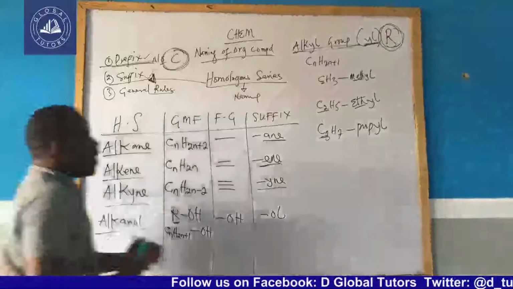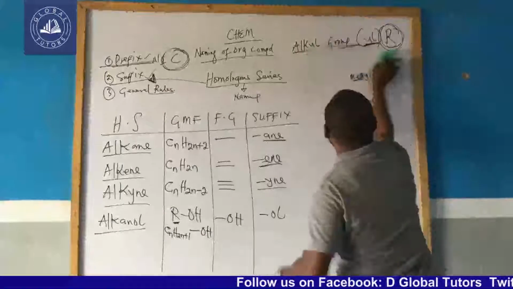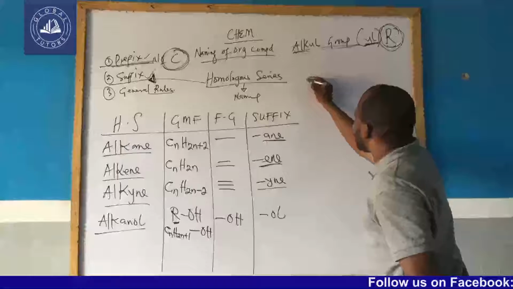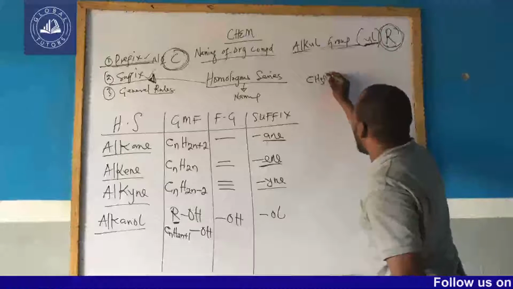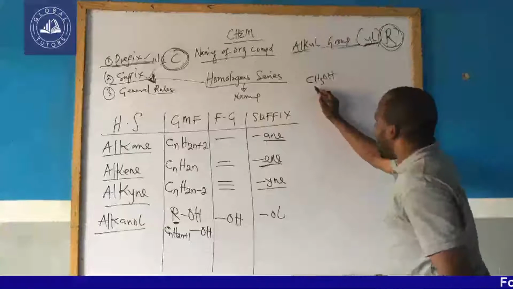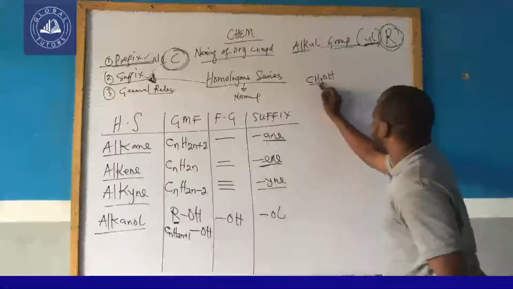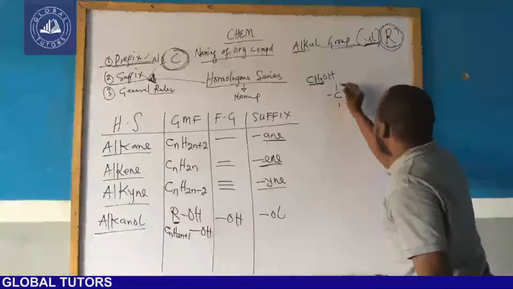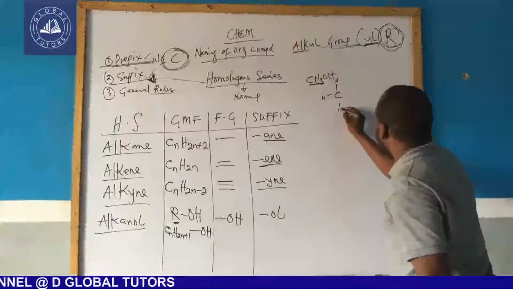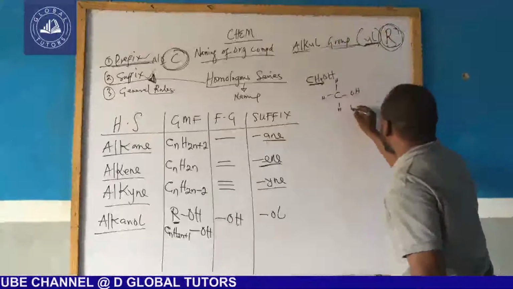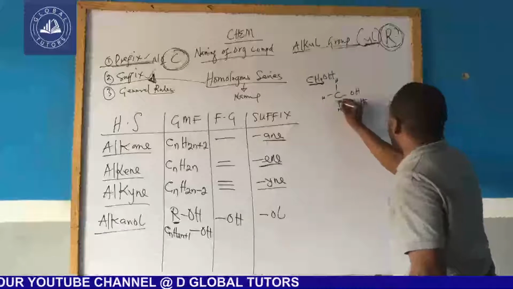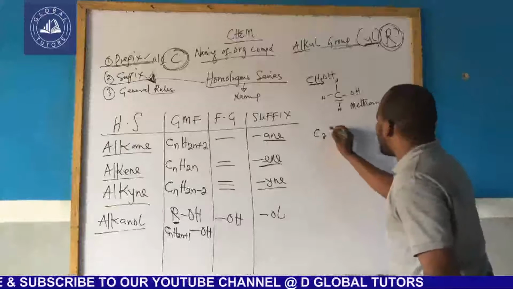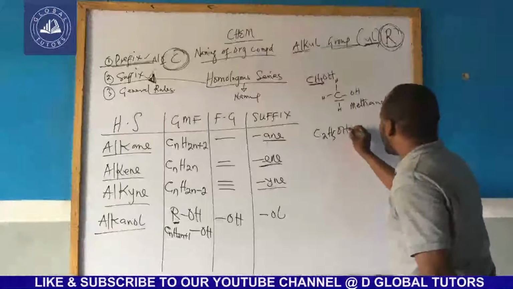So now you want to see how to name alkanol. You have CH3OH, meaning R is CH3, bonding with OH. So this becomes methanol: meth, one carbon, plus anol. Then you have C2H5OH.